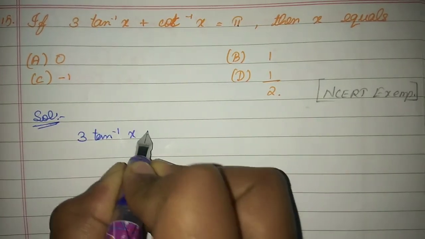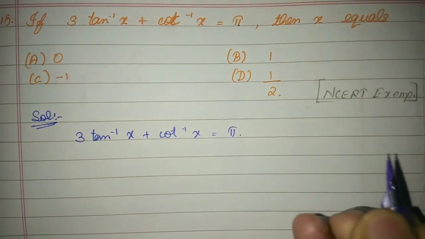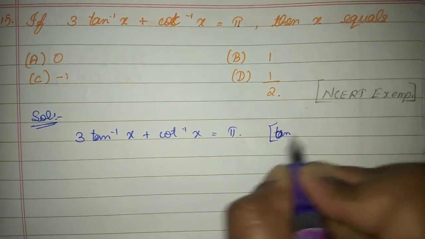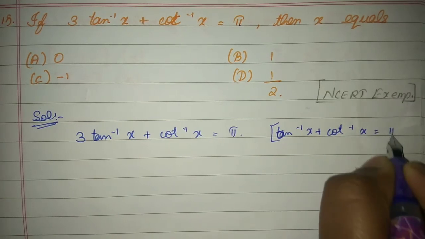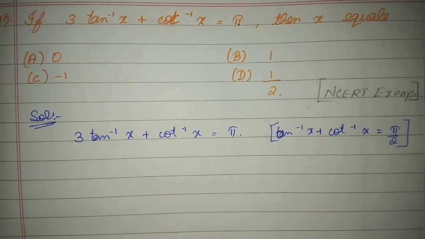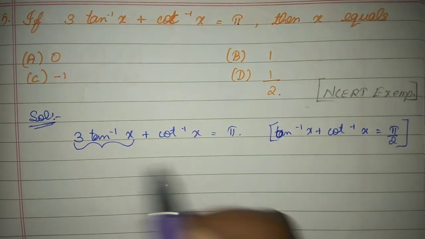So therefore I will write the equation as it is given. 3 tan inverse of x plus cot inverse x is equal to pi as it is. So we know the formula, tan inverse of x plus cot inverse of x is equal to pi by 2. With this we may get some clue, no? So therefore we will be just substituting here. So my 3 tan inverse x will be split.